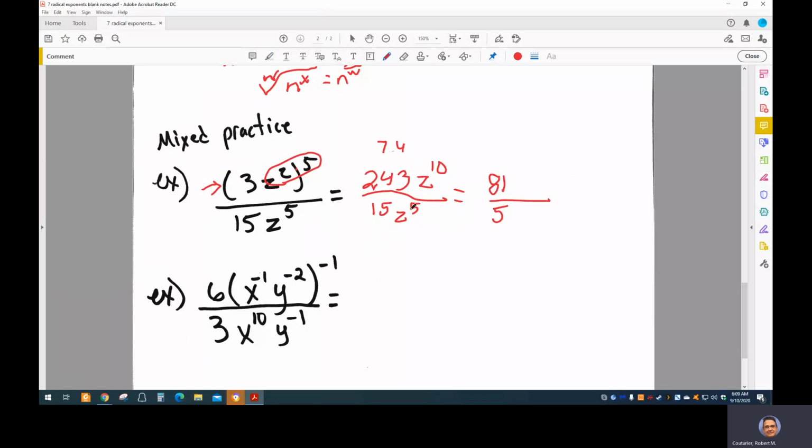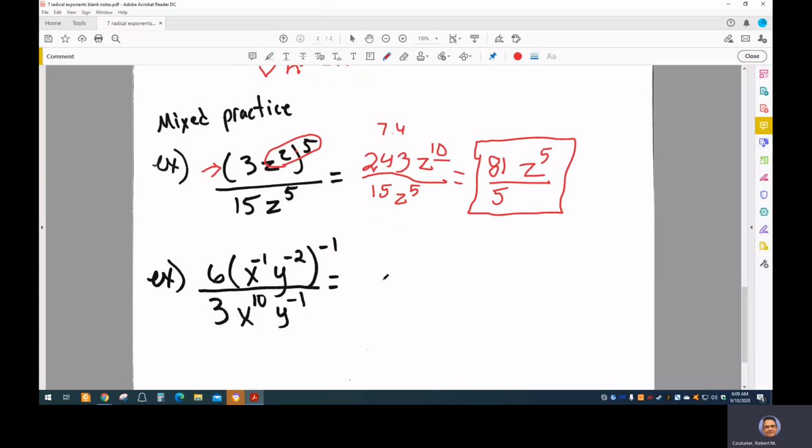Now we look at these two here, and we should say, do we have a Z in the numerator and the denominator? Yes. Where is that exponent bigger? Upstairs in the numerator. And so we subtract. 10 minus 5 is 5. There's our final answer. We're just mixing things up.